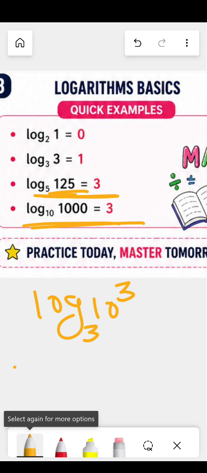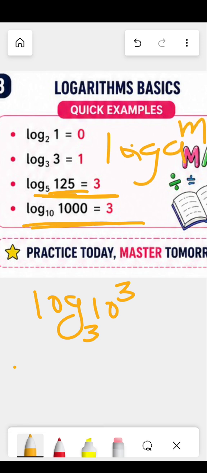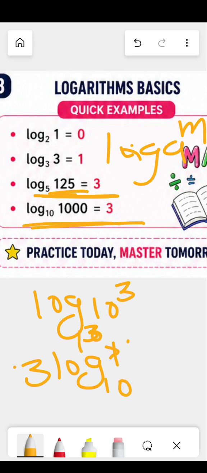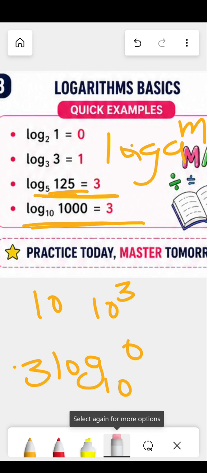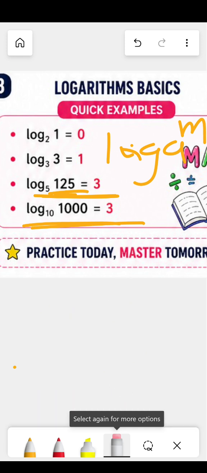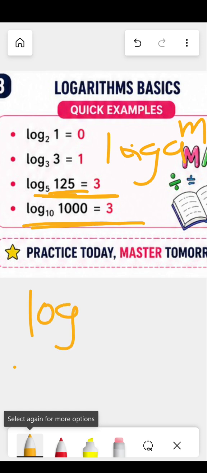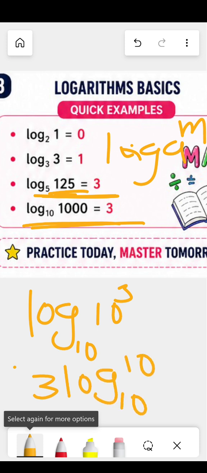So again using the power rule, log a power m is equal to m into log a, here log 10 power 3 is equal to 3 into log 10 base 10.